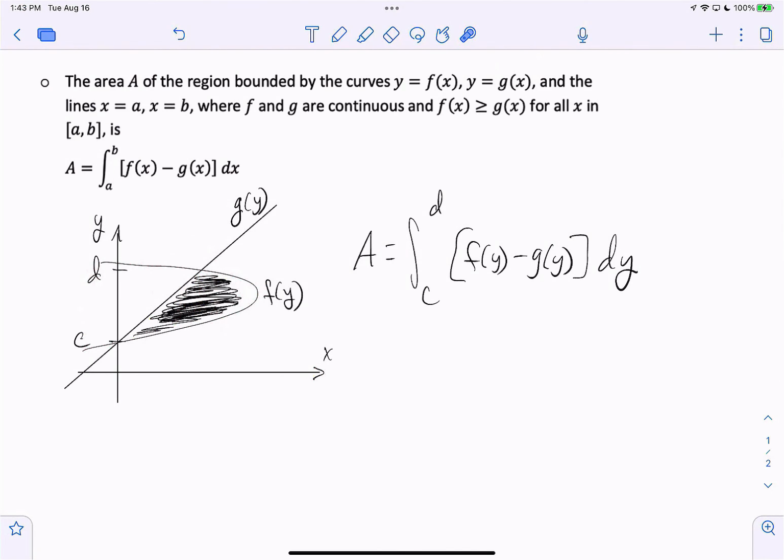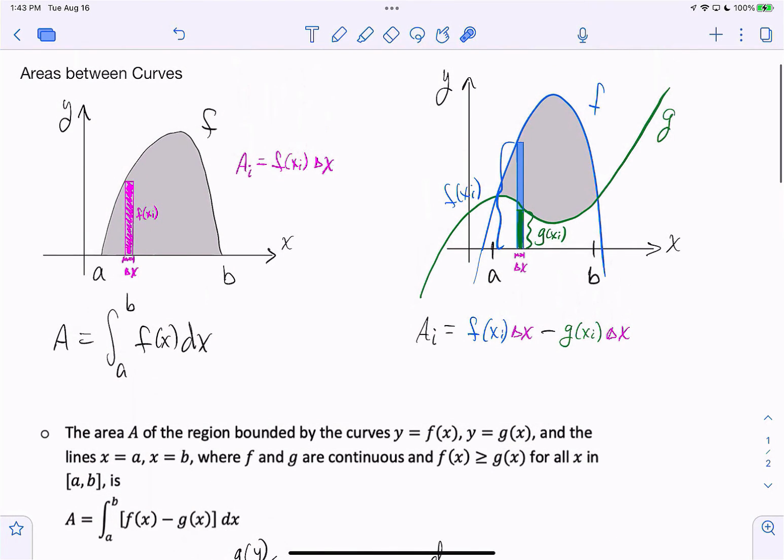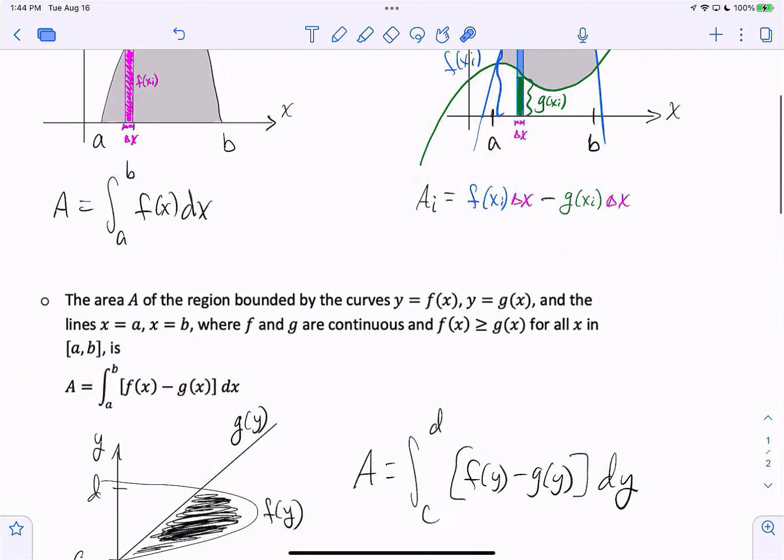What comes up, though, is how do I know whether g should go first or f should go first? Well, we're very used to looking at functions of x and knowing that the orientation is that up is bigger for y, right? On the y-axis, up is positive, and if f is above g, then we know that f is bigger than g.